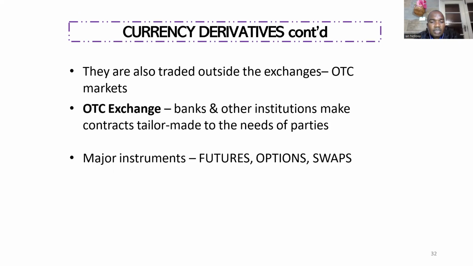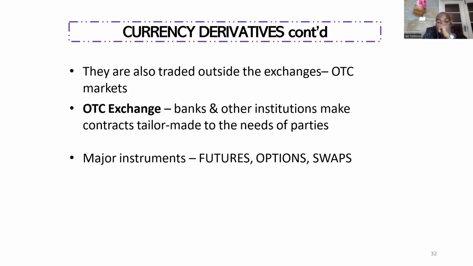The over-the-counter markets involve banks and other institutions that make contracts tailor-made to the needs of the parties, like when a company is making a special issue of bonds, because that special issue of bonds is not standardized. It will be traded over the counter.